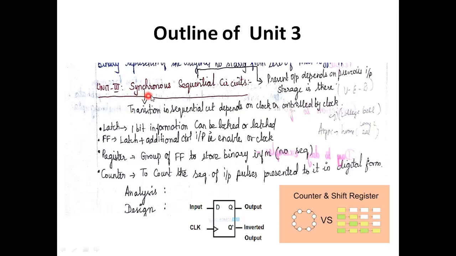An analogy for synchronous can be given as if you are in school or college, we have particular timings. At 9 o'clock we have the prayer session, 9:15 the class of the first period, then 10 o'clock the second period, then 11 o'clock break time. So a particular clock is given, that is the school bell or college bell, which corresponds to the synchronized clock.